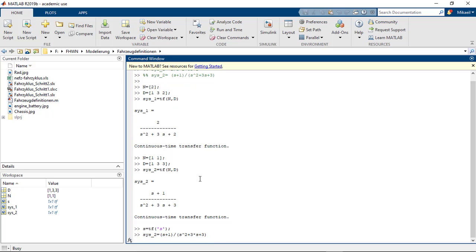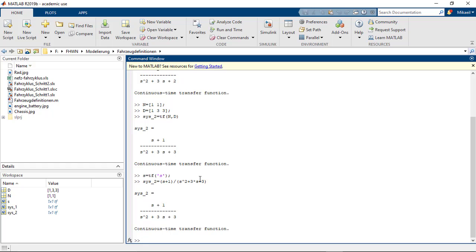Enter. As you see, we got the same result, and we can use both ways for defining our systems.